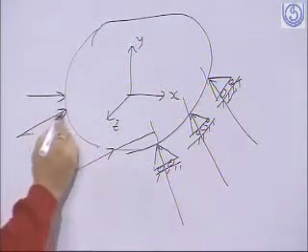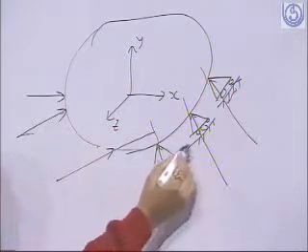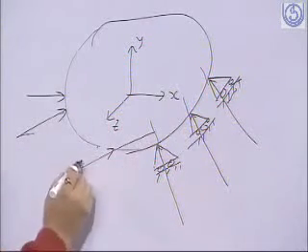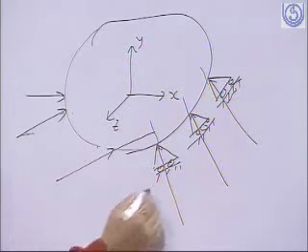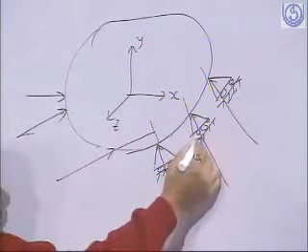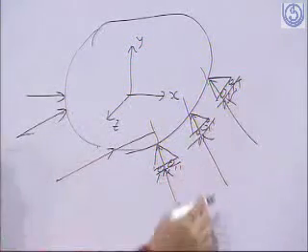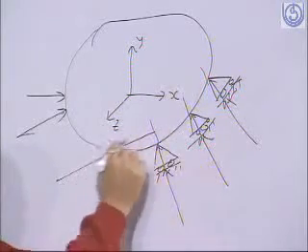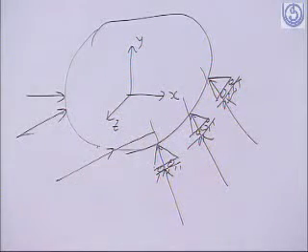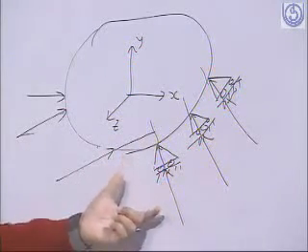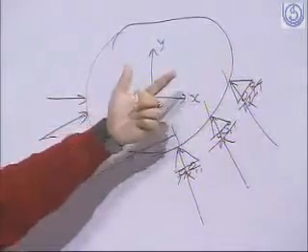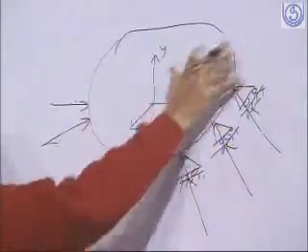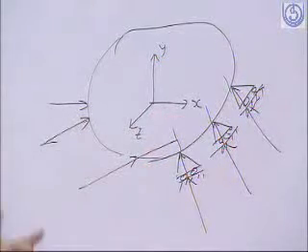If you are applying a force in this direction, these supports are not going to restrain the body, because they can only restrain in its perpendicular direction. So their component in the perpendicular direction is 0, and they will not restrain any movement in the perpendicular direction. So the body can move in this direction, and hence it is unstable.